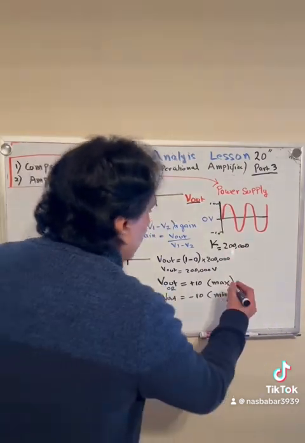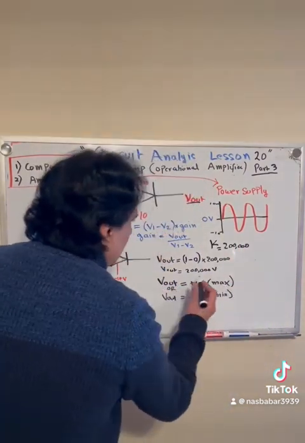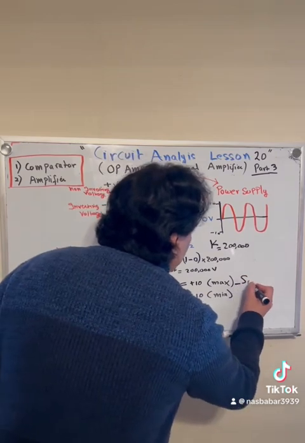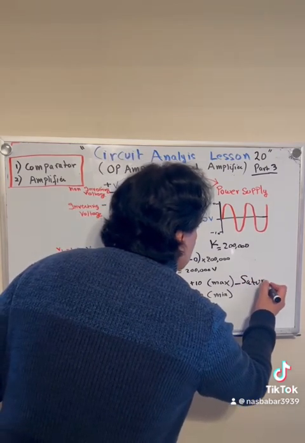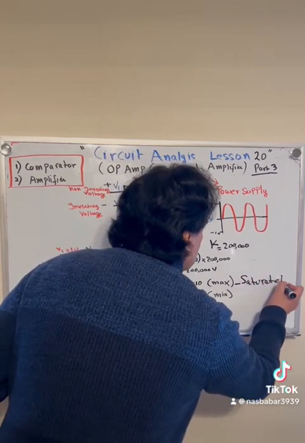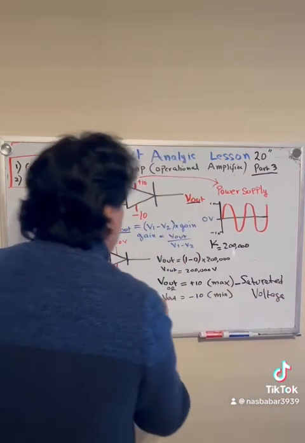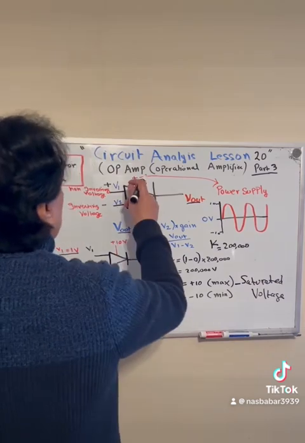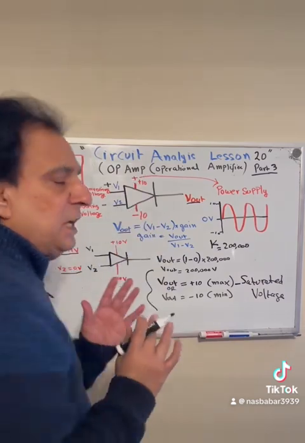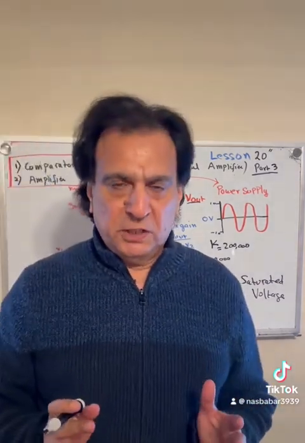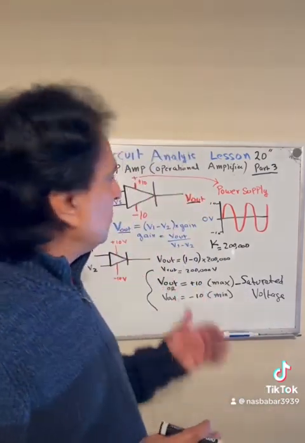And by the way, this right here is called saturated voltage. So you have to keep in mind that plus 10 and minus 10 are classified as saturated voltage.